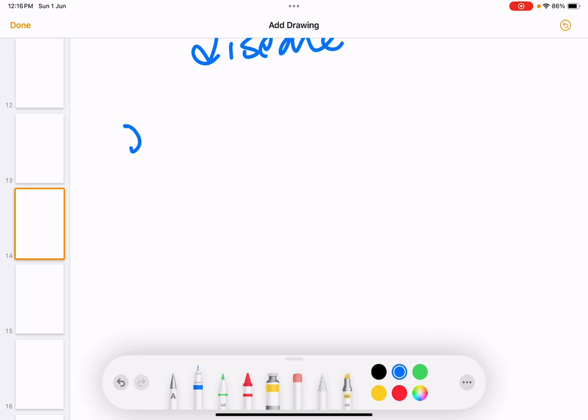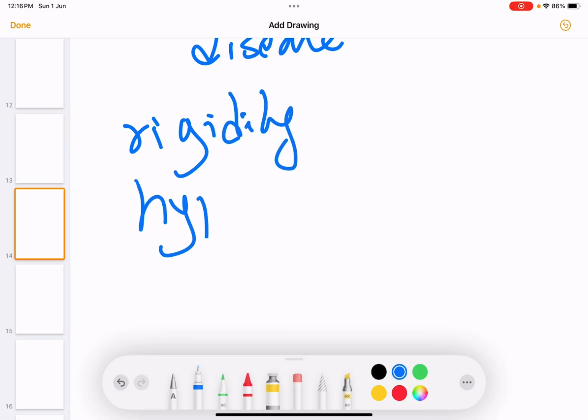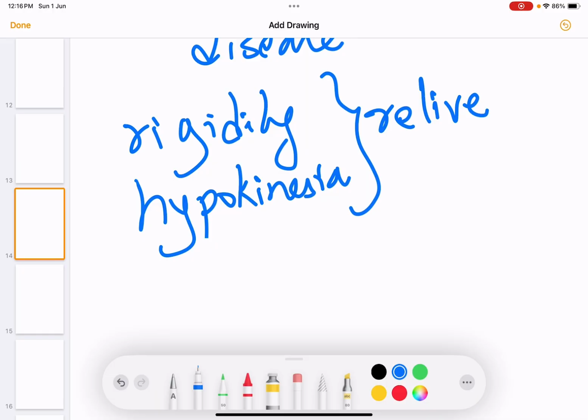So rigidity and hypokinesia it relieves first. Resting tremors relieve later.